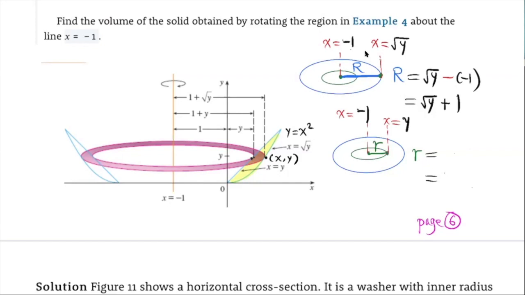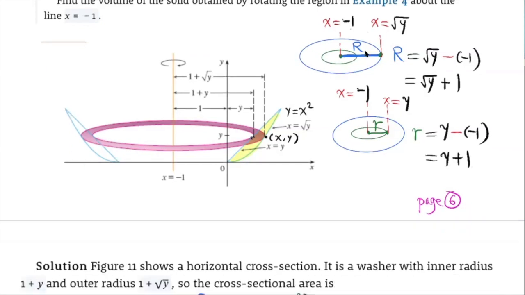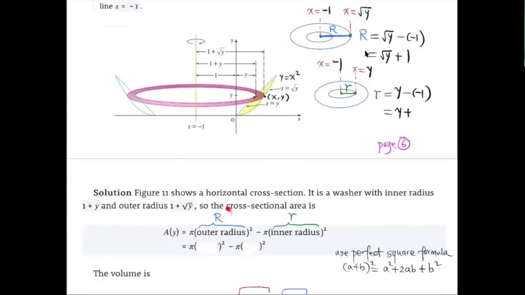That will be y subtracting -1, which is the same as y plus 1. So that's the small r. Now you get the outer radius, big R, to be 1 plus the square root of y, and the small r to be 1 plus y.